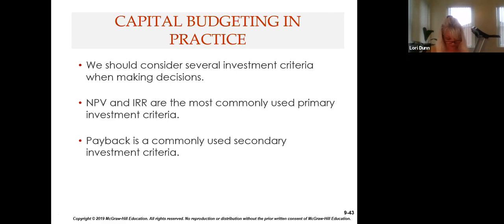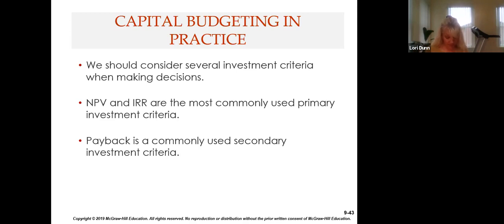And you can see from 1959 through 1981, payback went from a really commonly used practice to almost never used, and net present value increased and internal rate of return increased significantly as well, because their information is more precise. And we saw that throughout the chapter. We talked about those advantages and disadvantages of each.